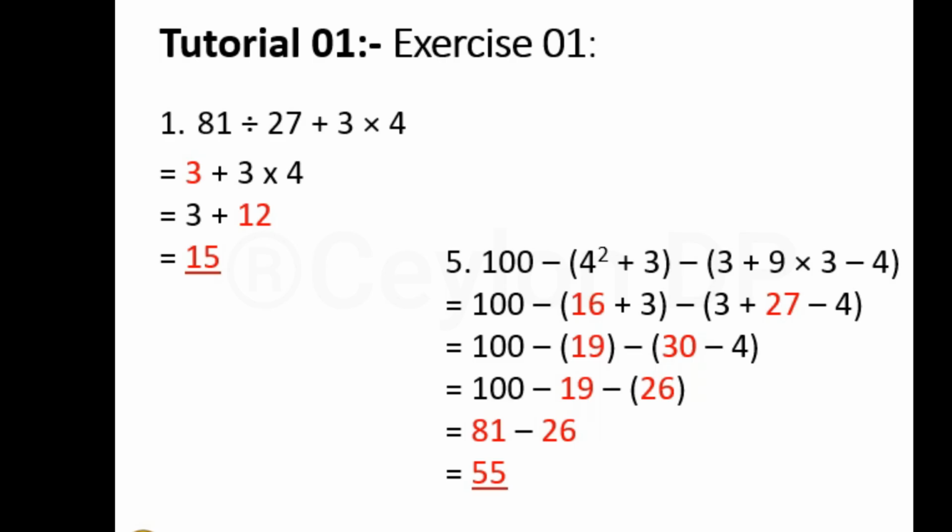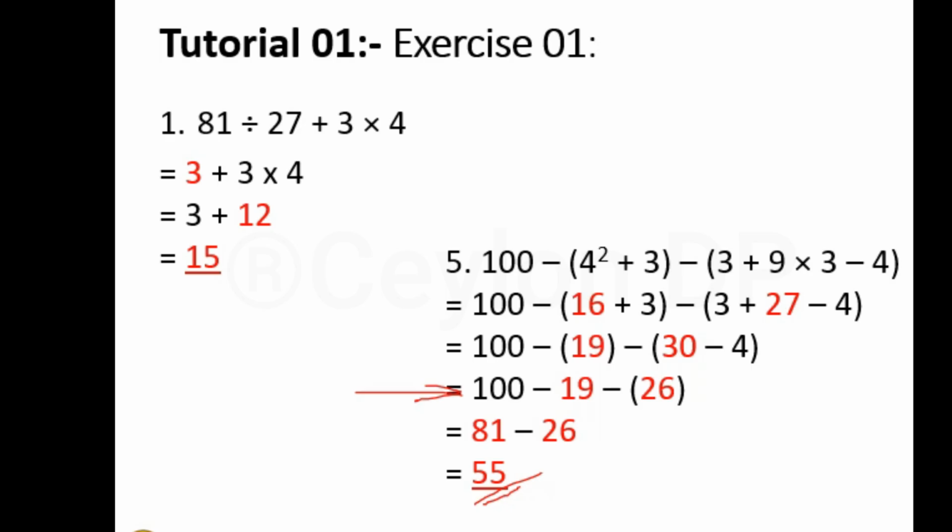And next step, here 100 minus 19 and minus 26. You have done 30 minus 4 in here, and then 81. It means 100 minus 19, 81, and minus 26. Final answer is 55.